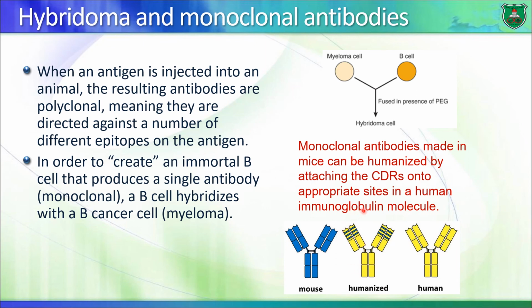So right here you have the production of a humanized immunoglobulin having all sequences and domains of a human immunoglobulin except for the hypervariable regions that recognize the antigen. Now this antibody can be injected into a human and it can be considered normal, not an antigen.